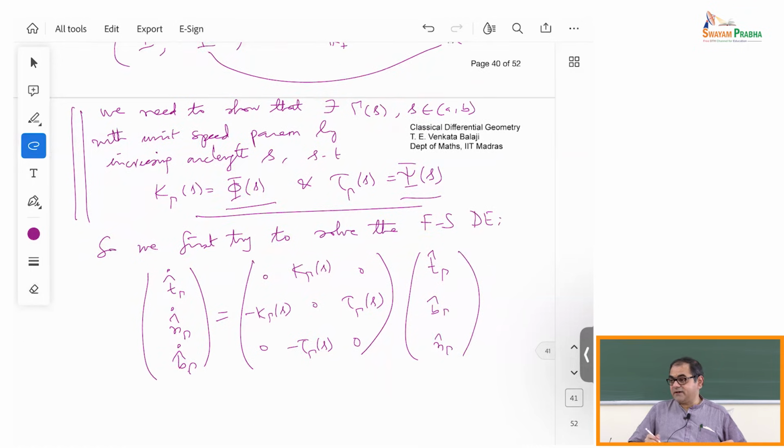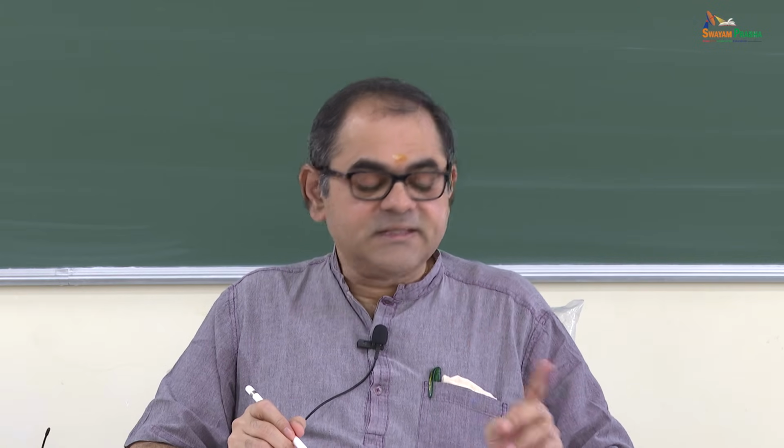But the point is that, when you write this differential equation, you're already assuming that there is a gamma for which there is this Frenet-Serret frame, and this differential equation holds. But what we are now doing, to be very, very careful, is only solving a differential equation. The only thing is that k gamma is given to you, tau gamma is given to you.